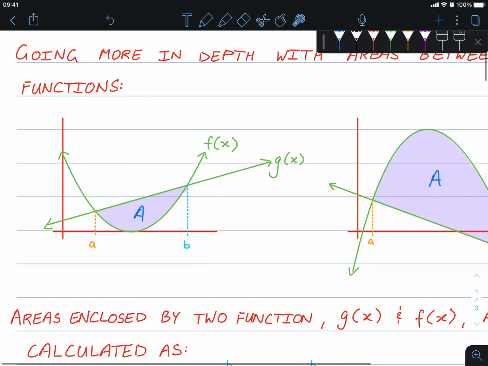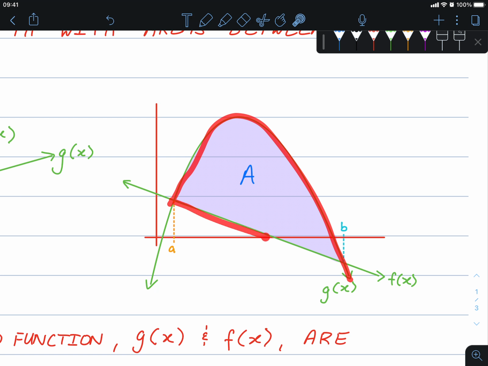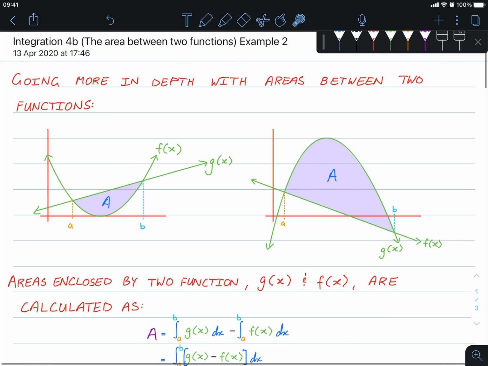So in this case, g of x must be on top minus f of x on the bottom. Here, g of x is the parabola, minus f of x, which is always below along that interval. So let's get straight into an example here.